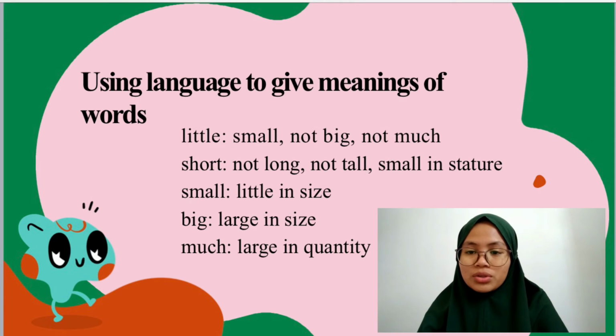So we can conclude that one word can be defined by another word or by a sentence. And the relationship between the words in the examples refers to quantity, size, or extent.